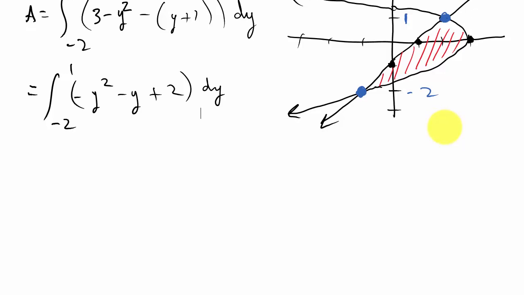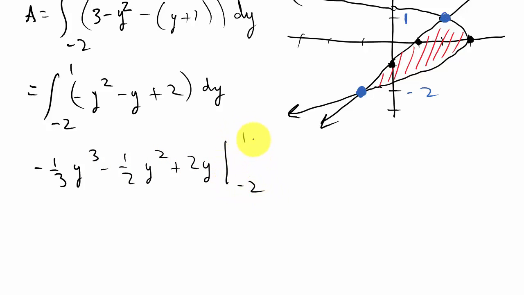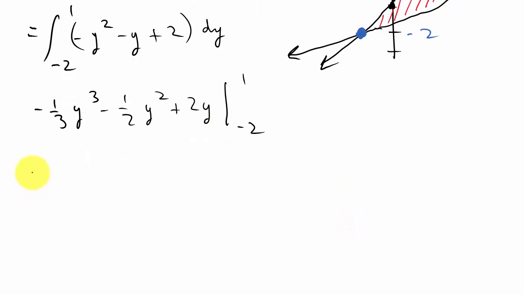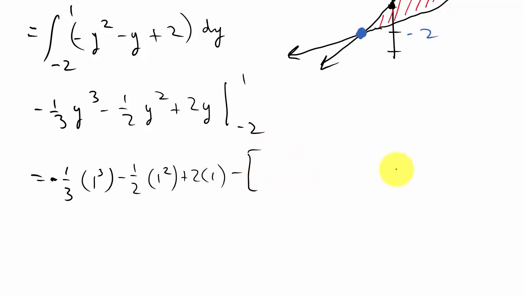Alright, so let's take the antiderivative. That's going to give me negative 1/3 y cubed minus 1/2 y squared plus 2y, from negative 2 to 1. So now we can plug all this in. That gives me negative 1/3 times 1 cubed, minus 1/2 times 1 squared, plus 2 times 1, minus, and remember all this has to be in parentheses because it's minus the whole thing.